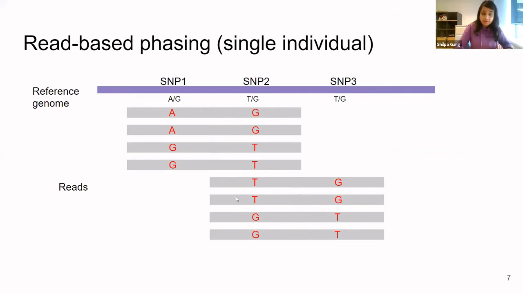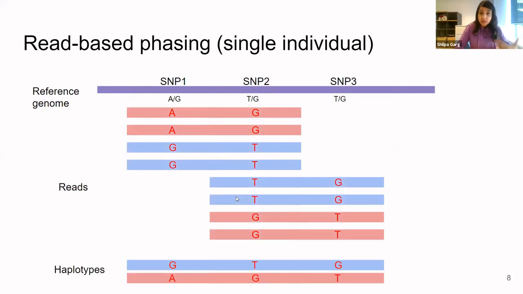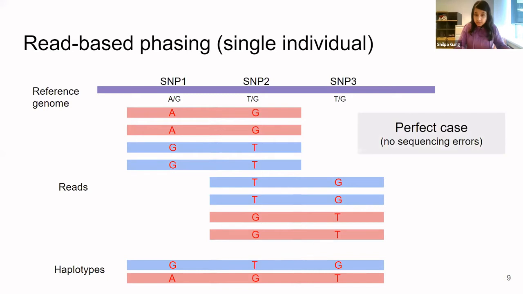The goal of read-based phasing is to partition the reads into two sets that represent the two haplotypes. Imagine you are given a perfect case when there are no errors in the sequencing data. Then you can easily make this partition such that the Hamming distance between any two reads in any partition is 0.